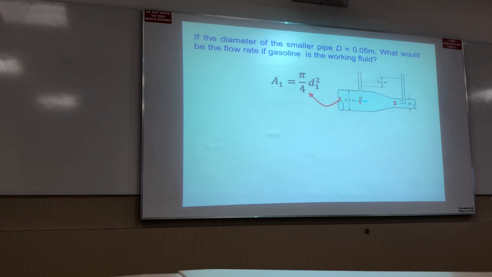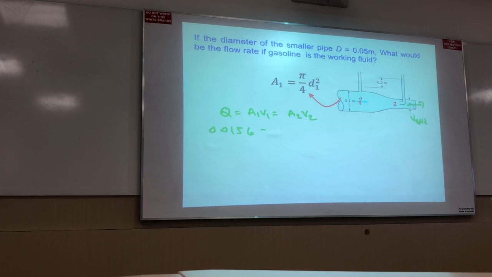I tell you at the point, what is the V exit? So how can you calculate V exit? Q becomes A1 V1, A2 V2, right? So Q becomes, I get 0.0156, and A2 is pi by 4 times this diameter, 0.05 squared, times V exit.